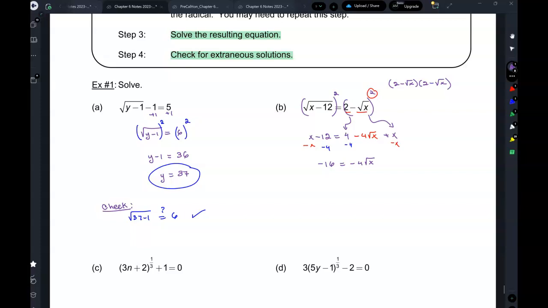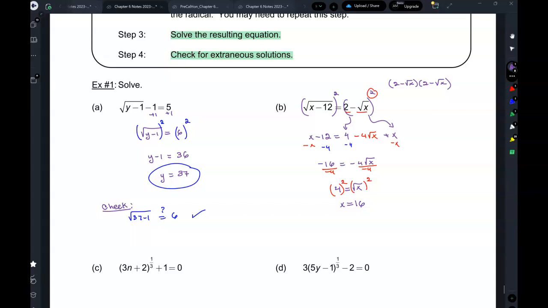At this step, if you can divide both sides by a common number, you should. So let's divide both sides by minus 4. So I get 4 equals root x. Square both sides. So I get x equals 16. That's a pretty answer. So now let's check.